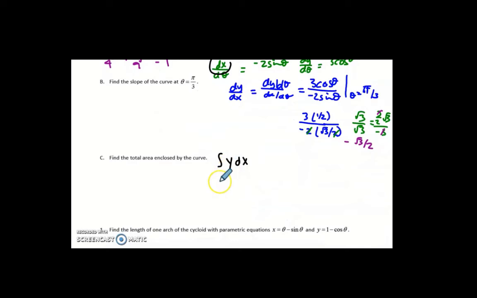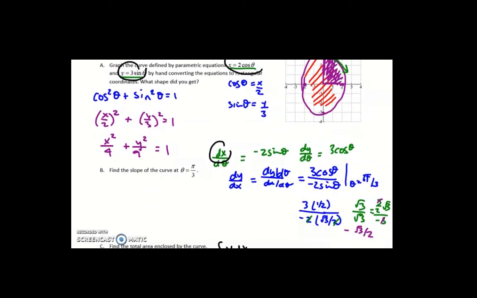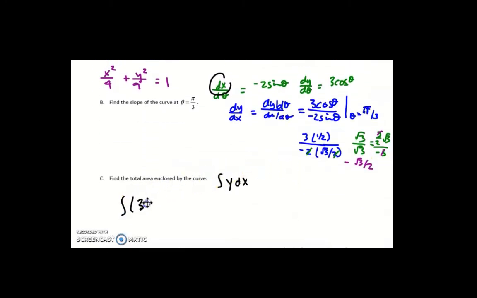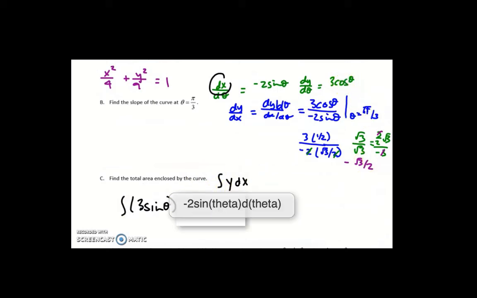So we can actually just write in here the y value was, I've already moved it up, my y value was 3 sine theta. And my dx value is -2 sine theta. And of course I'll have a d theta here because I'm just looking for dx, so I had to multiply both sides by d theta.